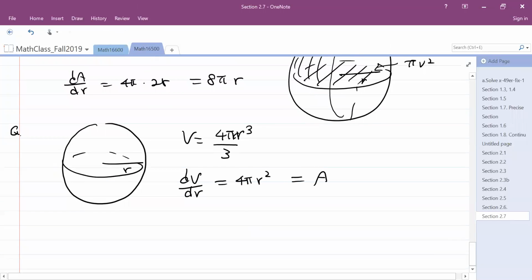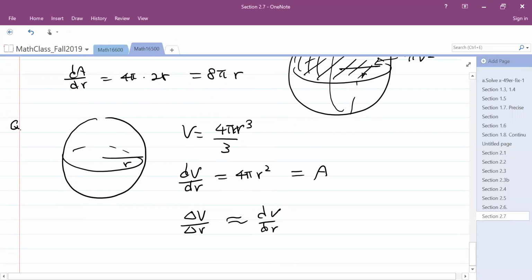So that means the increased volume is almost equal to dV/dr.